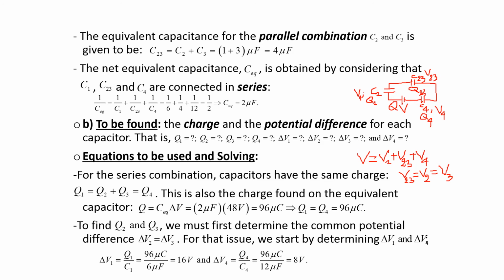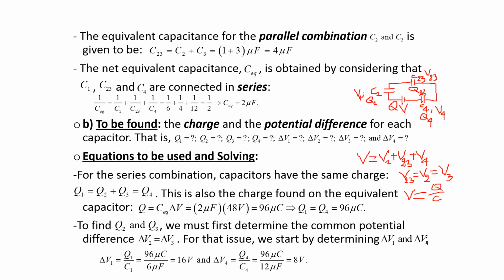Then we know that to determine the voltage, the general formula states that the voltage is equal to the charge divided by the capacitance. Since capacitance C1 and capacitance C4 are given, we may determine potential difference 1, which is equal to charge 1 over capacitance 1, equals 16 volts.